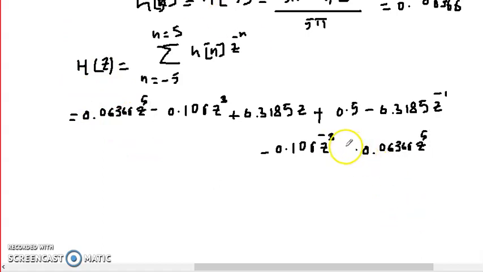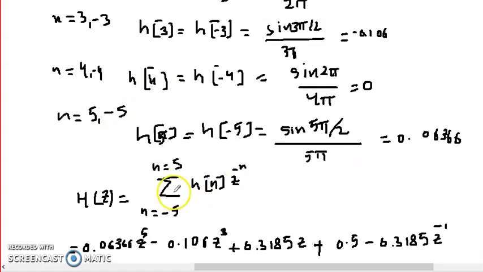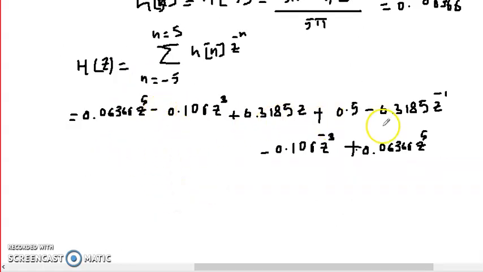So this will be the hz. You can see here that since hn has finite number of terms, hz will be implemented like this. This will be the hz.